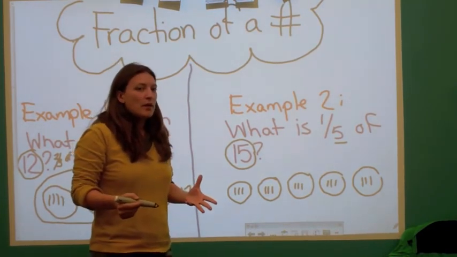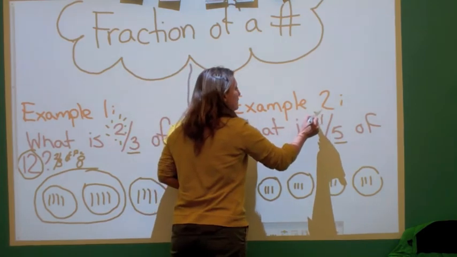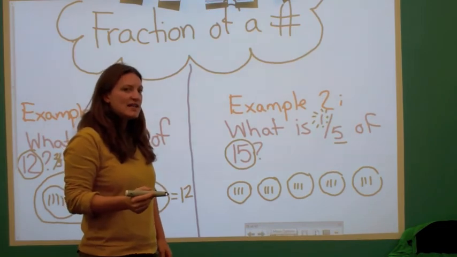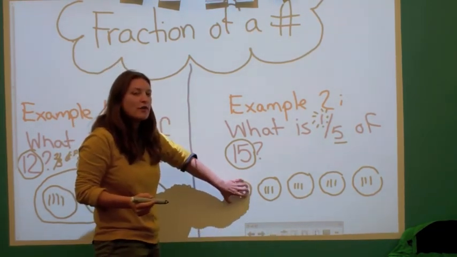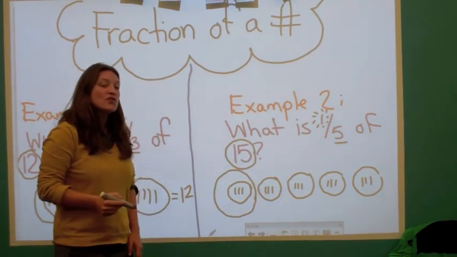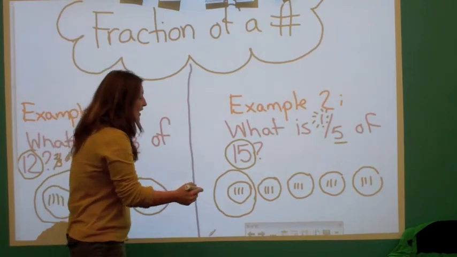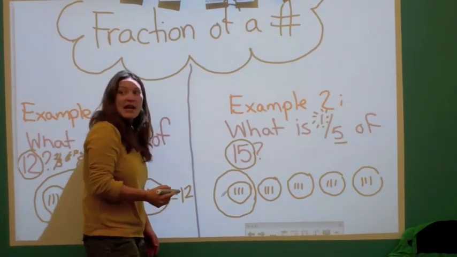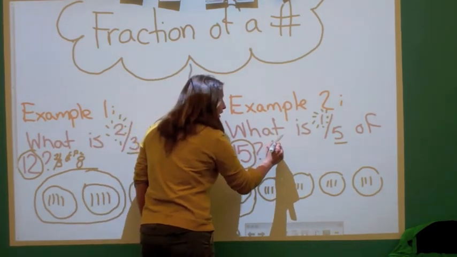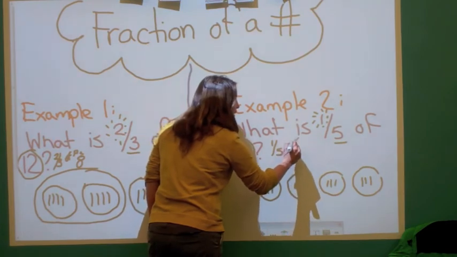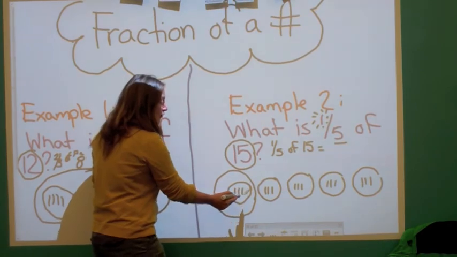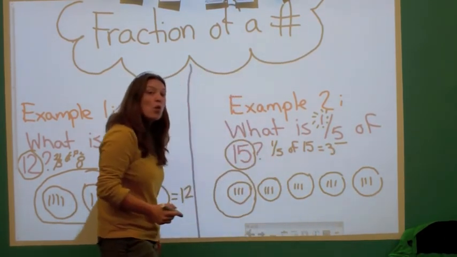The last step is to identify the numerator and count how many pieces are in one of those 5 circles. We only have 1 circled, and now I'm going to count 1, 2, 3 tallies. So to answer this question, 1/5 of 15 is equal to 3, because there are 3 tallies in that 1 circle.